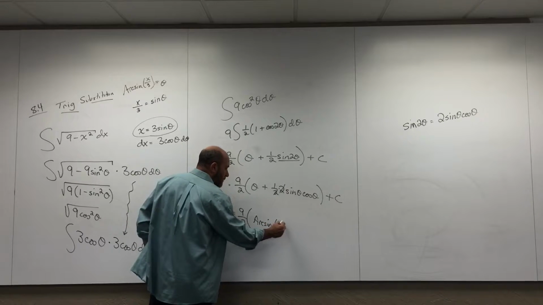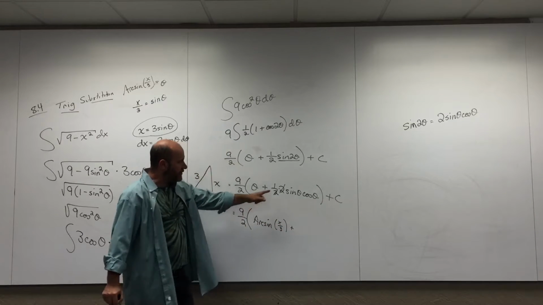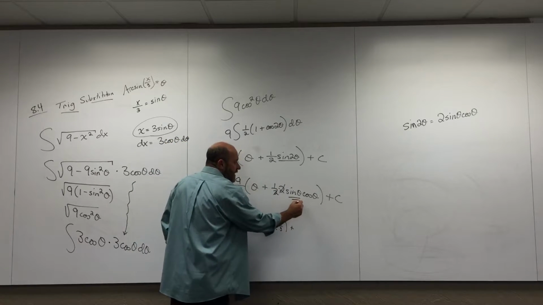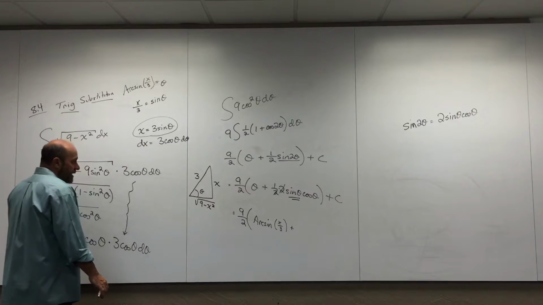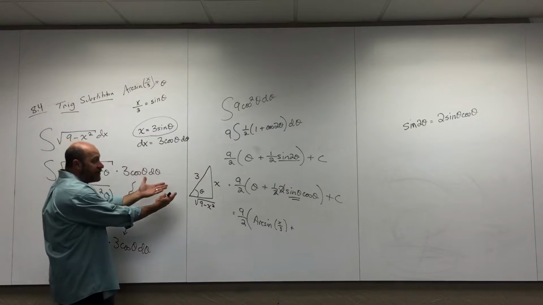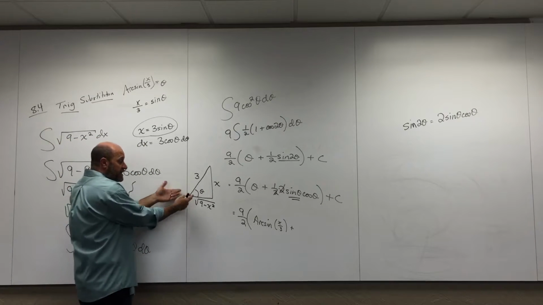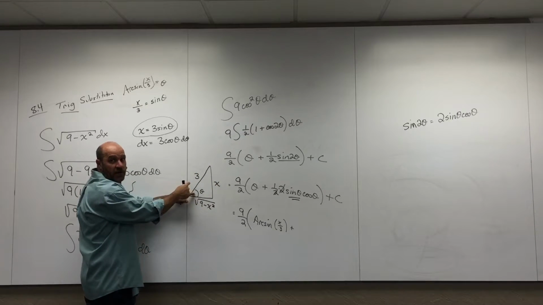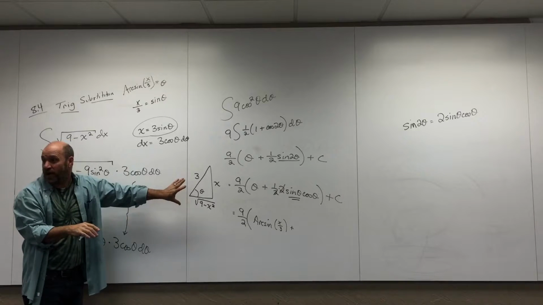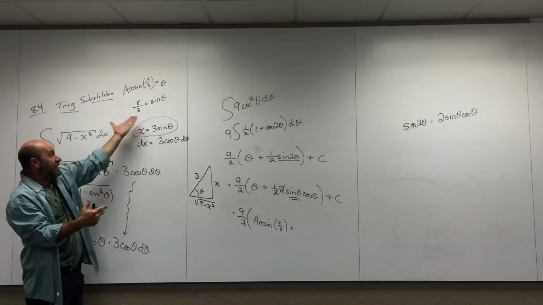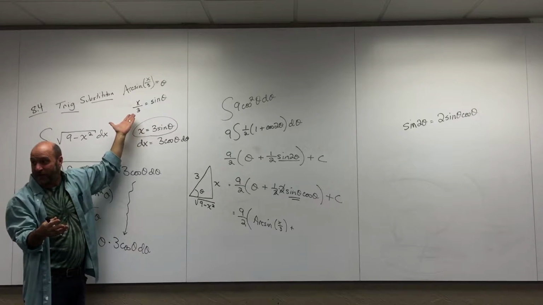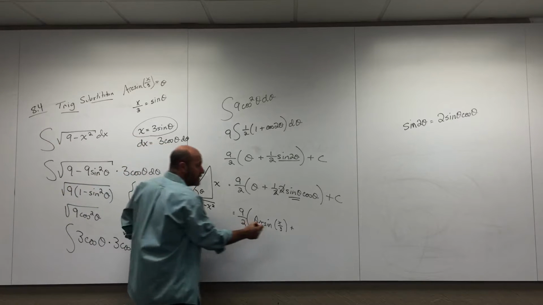Then I come over here, and that 2 and that 1/2 cancel. Now I want the sine of theta. It's x over 3, opposite over hypotenuse, from the triangle I drew. But the truth is, I didn't really need the triangle. Earlier, right there, the sine of theta is x over 3.